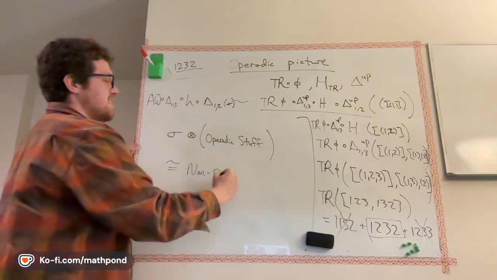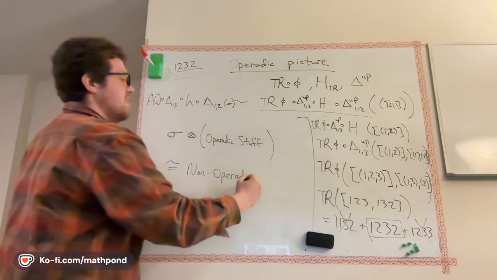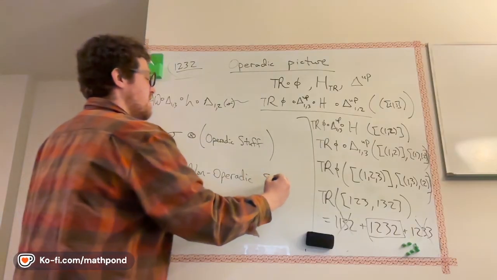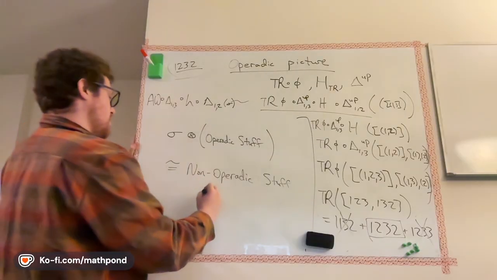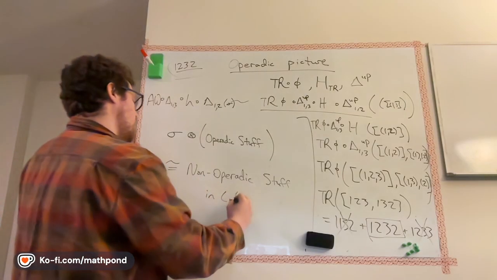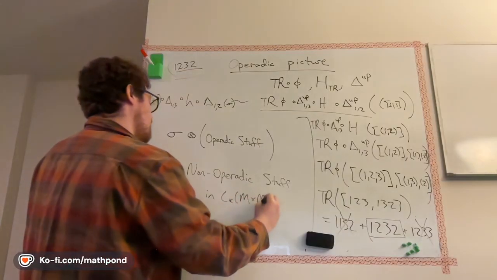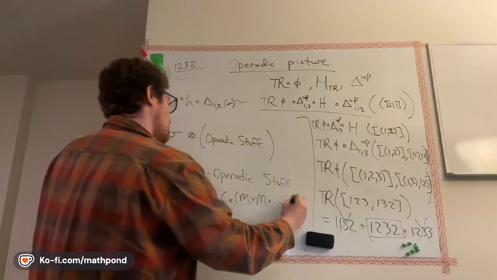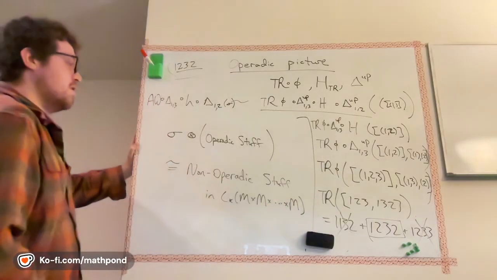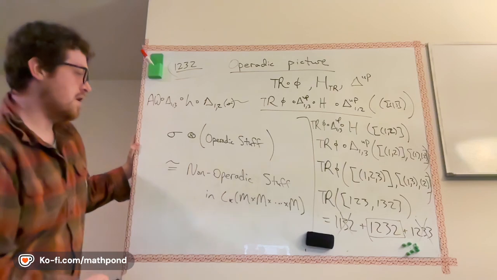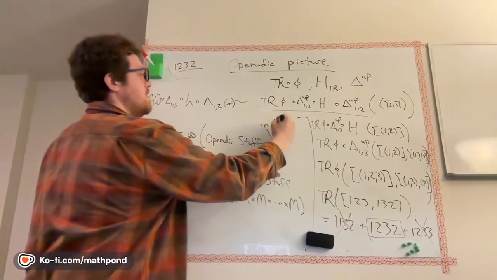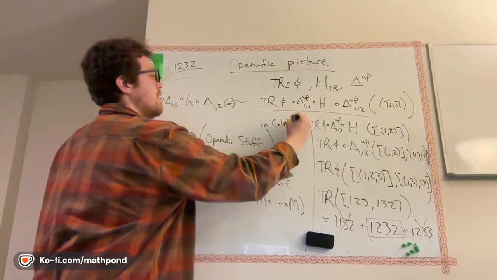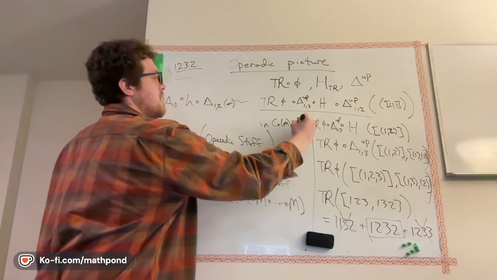That's probably the easiest way I can say it real quick. Stuff in the Cartesian product. So this guy is actually just in C star of M tensor with this upgraded BE stuff.